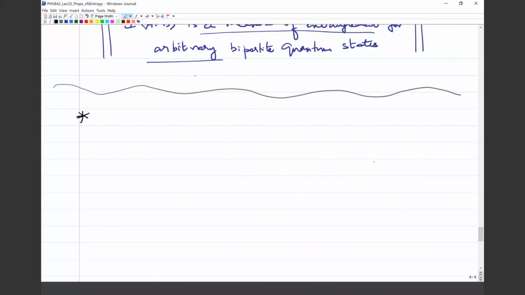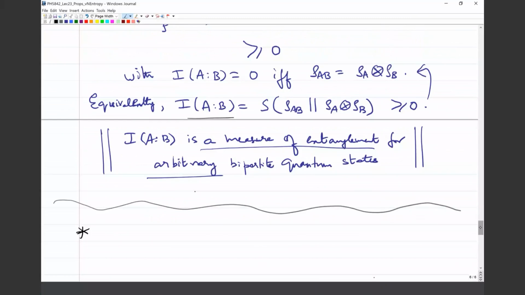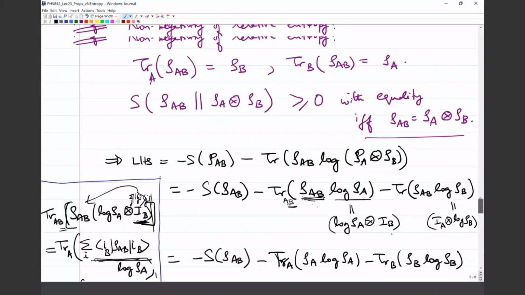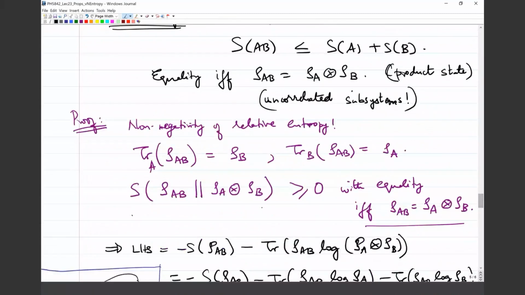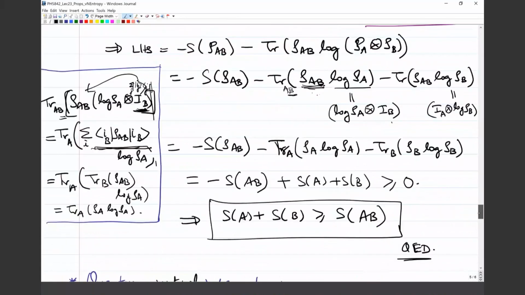I don't understand, how did you write that mutual information is equivalent to that? Oh, that is exactly what we showed with proving the subadditivity, right? So I said this is rho AB. So what is the left-hand side? We proved that the left-hand side is this.